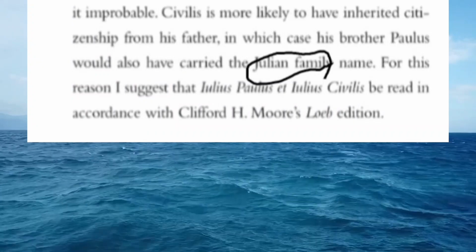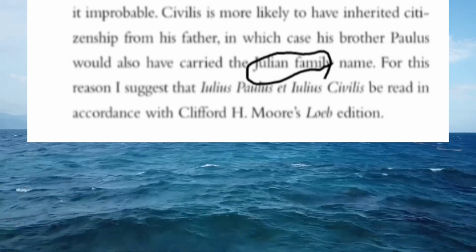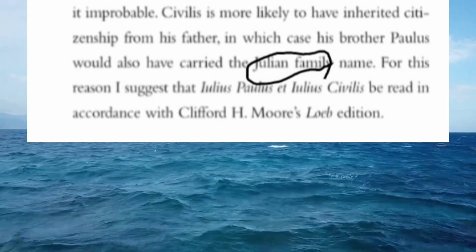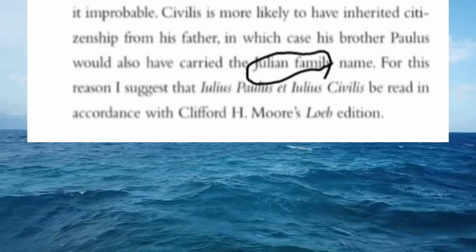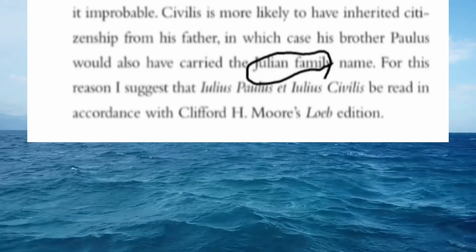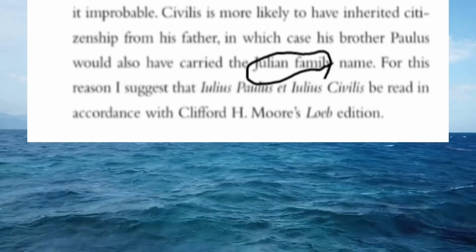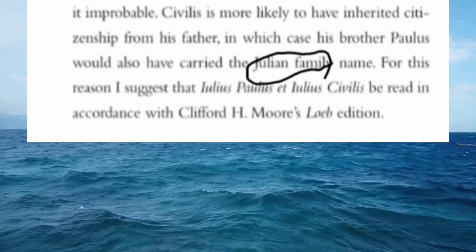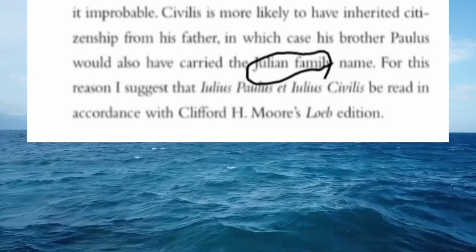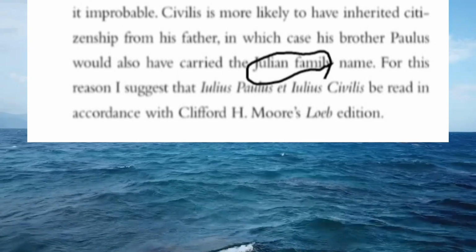For this reason, I suggest that Julius Paulus and Civilis. So now we read from this archaeologist that this same man is in the Batavian family. The Batavians are a branch off of the Julian family. I hope that's clear. We just confirmed with archaeology and Tacitus, which I would say is a good source, that the Batavians are Julians.